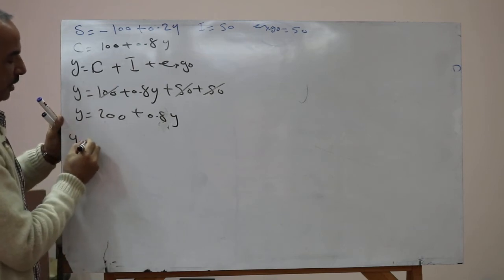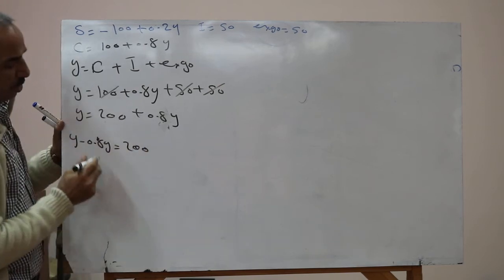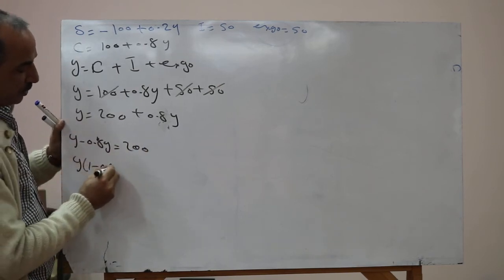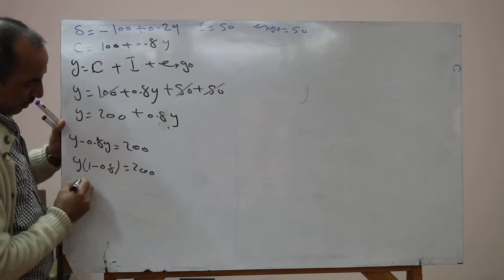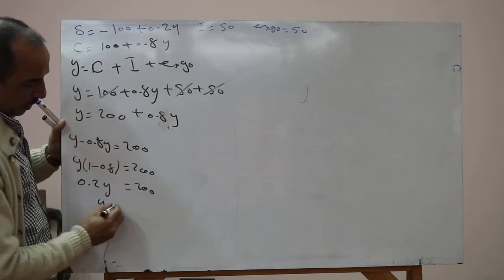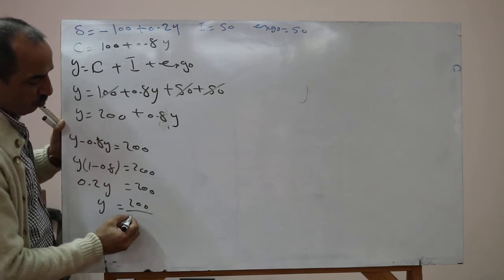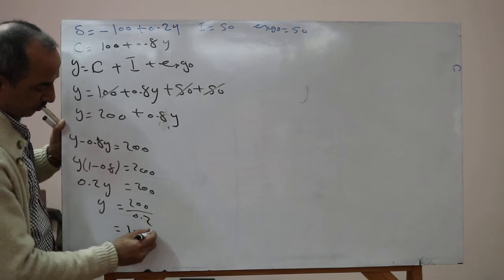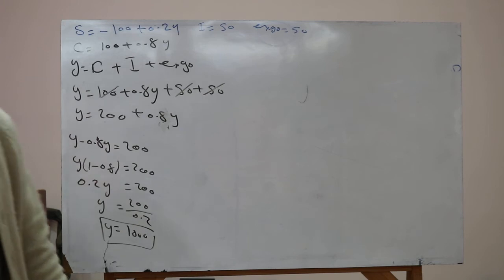Y minus 0.8Y equal 200. Okay, Y times 1 minus 0.8 equal 200. 0.2Y equal 200. Y equal 200 out of 0.2 equal 1000. The equilibrium national income equal 1000.